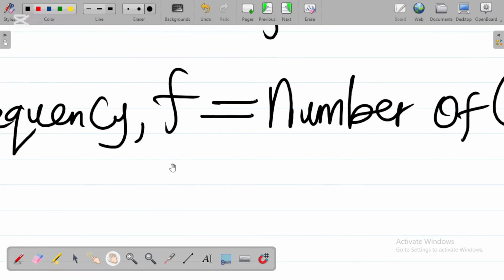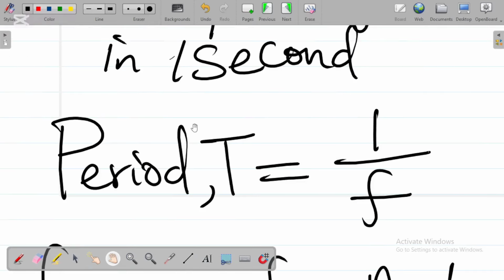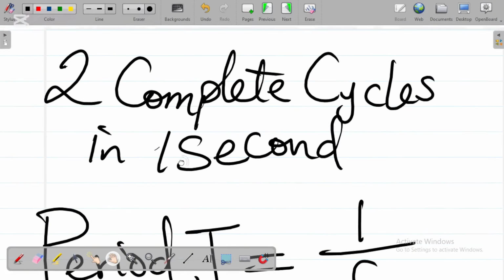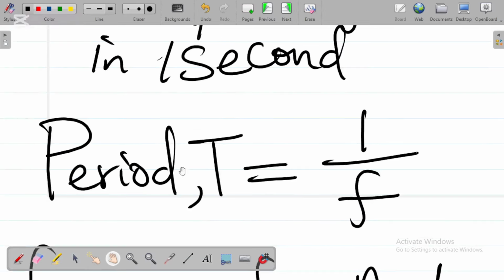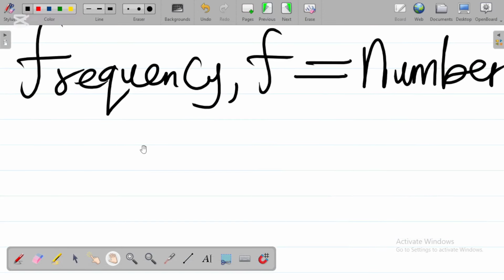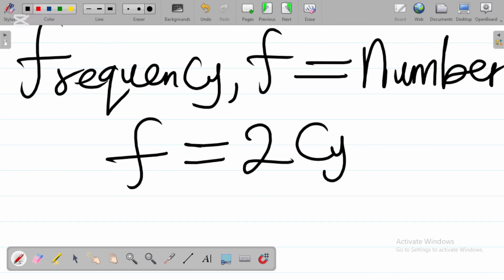In the question, we are told that the body goes through 2 complete circles in 1 second. So therefore, the frequency is equal to 2 circles.